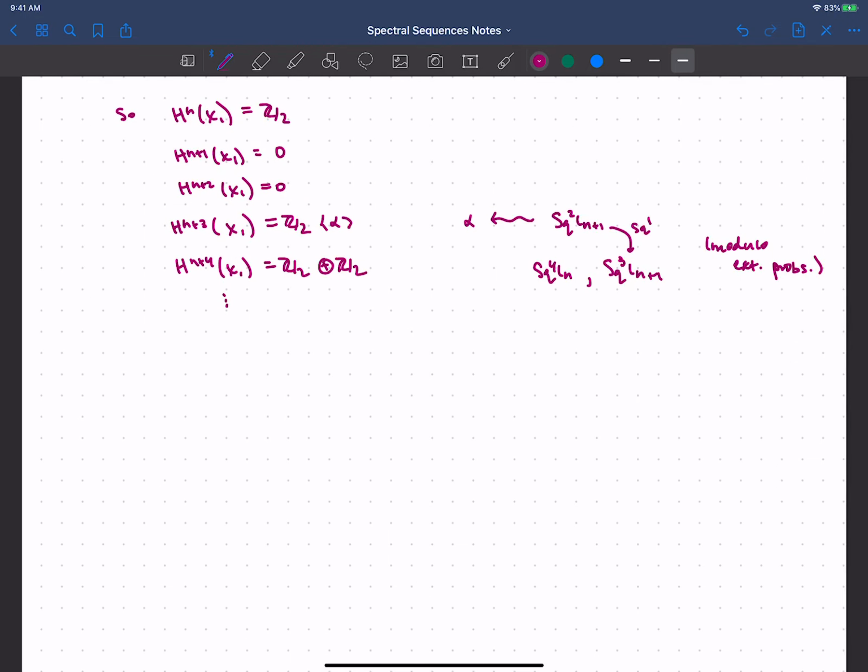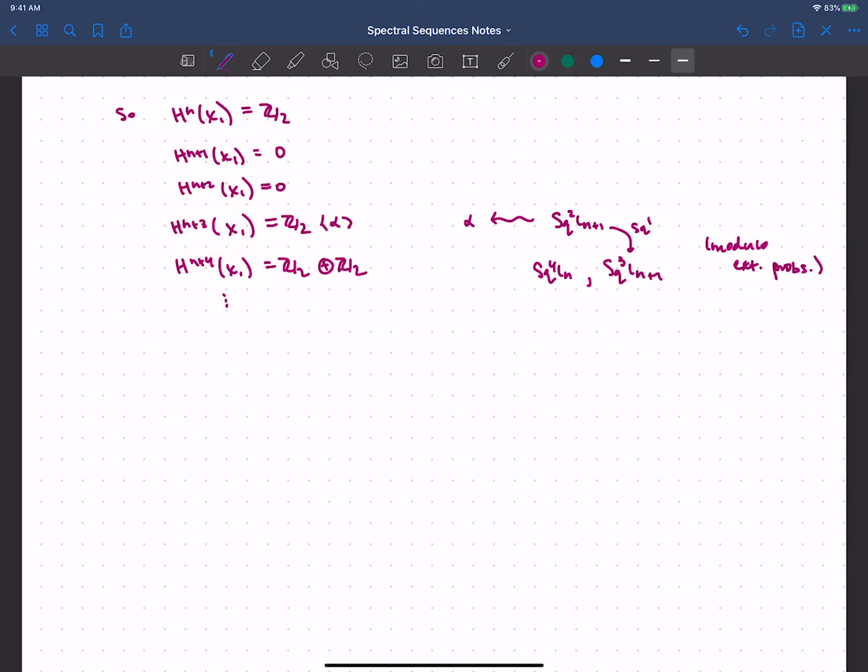But let me point out what we've got so far. This space X1 was supposed to, in a way, approximate our S^n, right? And its cohomology looks like S^n in a range, but then it gets messed up.